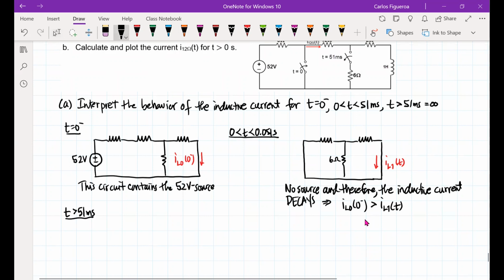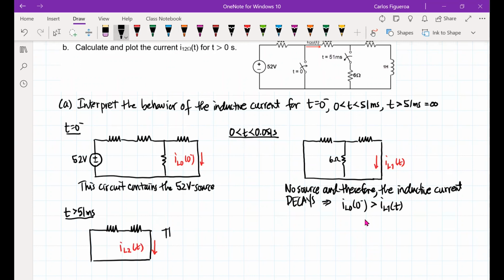When I look at the circuit, I have this resistor, and then I have my short. Now I'm looking at this current right here.